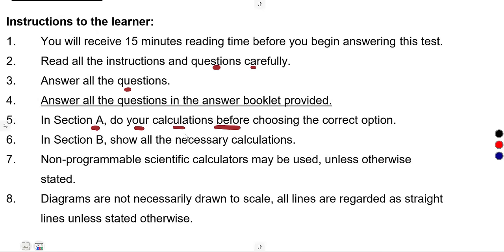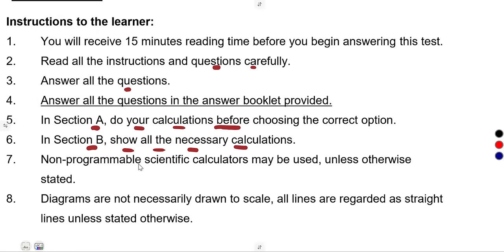We must do the calculation, then choose the correct option after doing the calculations. Then in section B, you must show all the necessary calculations up to the final answer.